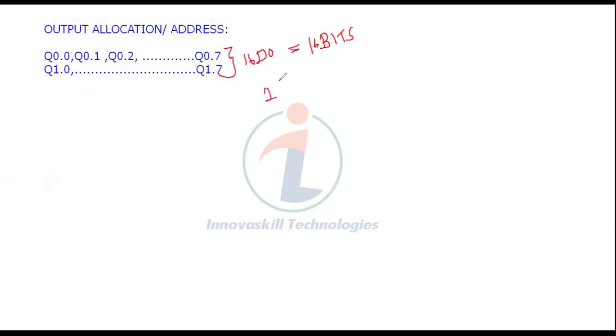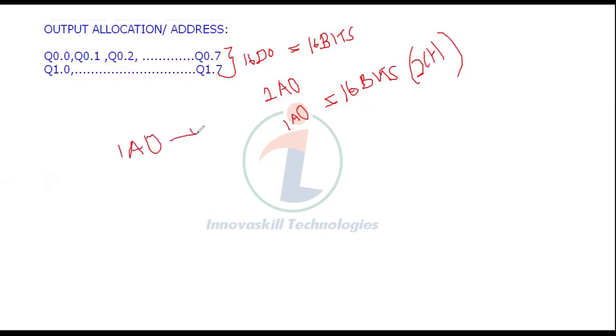Now next we have analog. In total we have 2 analog outputs. As I mentioned earlier, one analog itself needs 16 bits, that is 2 channels. So 2 analog outputs need 4 different channels. The first analog output will take channel number 2 and channel number 3.